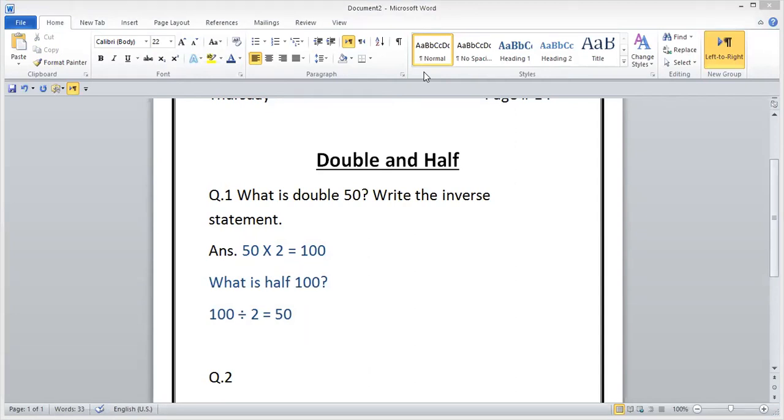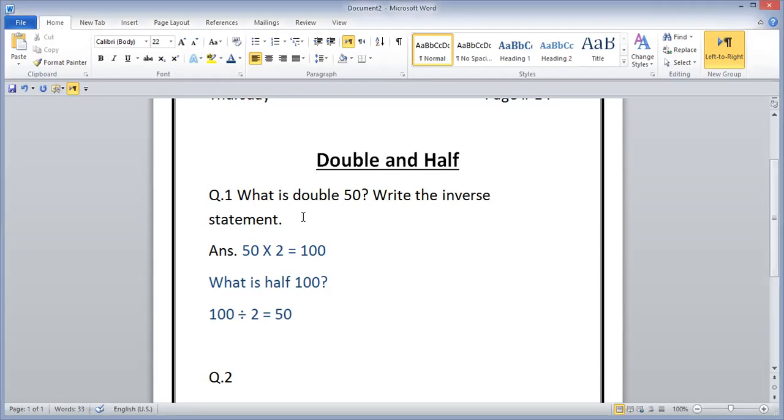Again, I repeat, guys. In order to find the double of 50, you will multiply it by 2. So the answer is 100. Then to write the inverse statement, you will inverse double. When you inverse the double, that is half, and half of the answer you have found. What is half of 100?